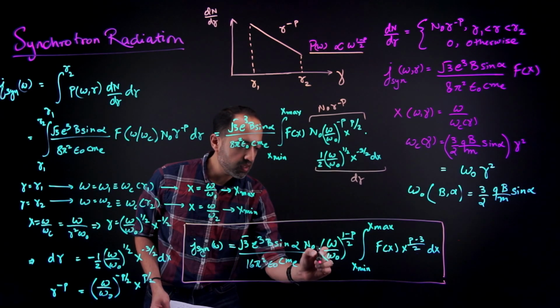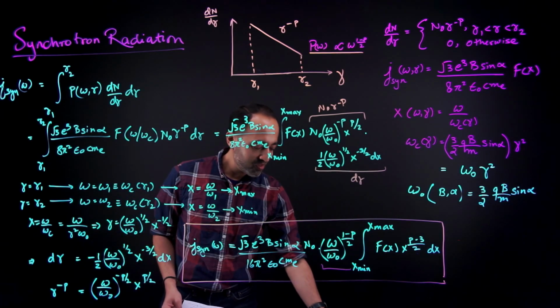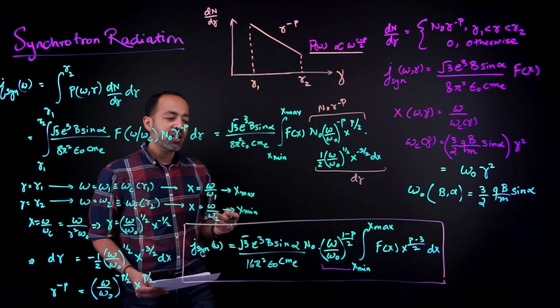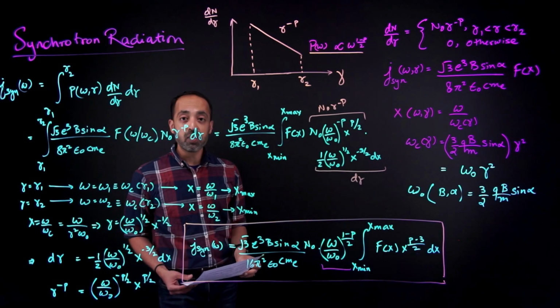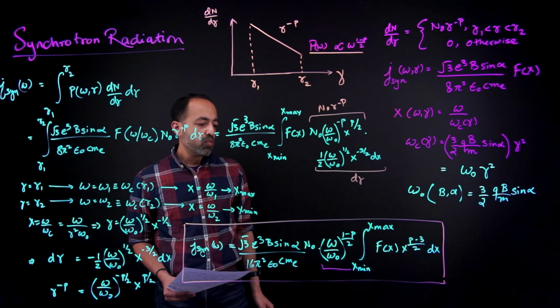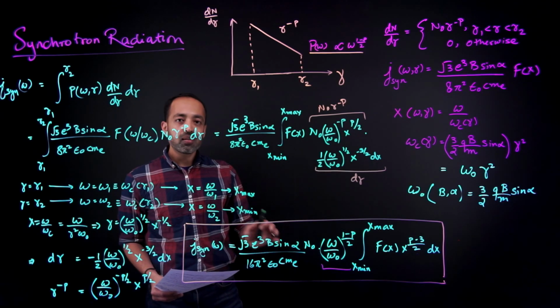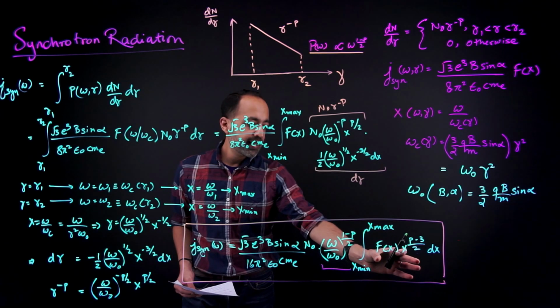This bit over here is the same as this bit that we had earlier. So in other words, we have now rigorously derived the power law spectrum from its power law distribution of particles.